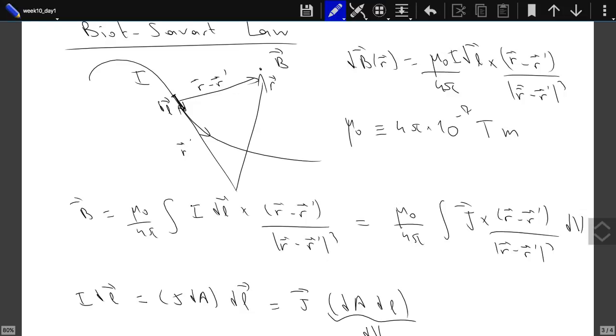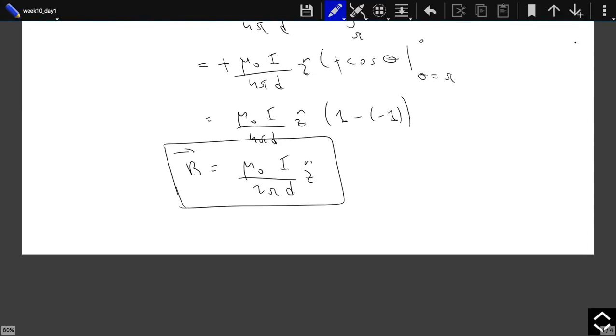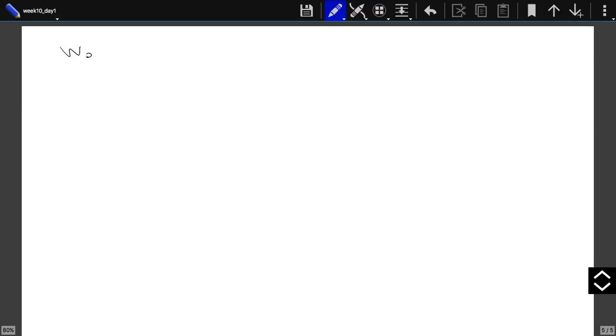But this is always true in magnetostatics. This will not be true when we study magnetodynamics. This is true only in statics. Just a warning.